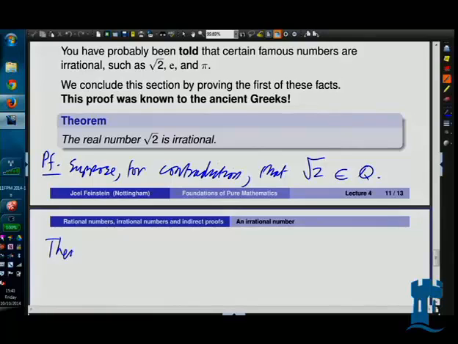Then there are, well, let's see, using this rational number can be written in lowest terms. Let's say it that way. So this is the supposition for contradiction, but having assumed that, then root 2 can be written in lowest terms. We've assumed it's rational, so then you can write it in its lowest terms.